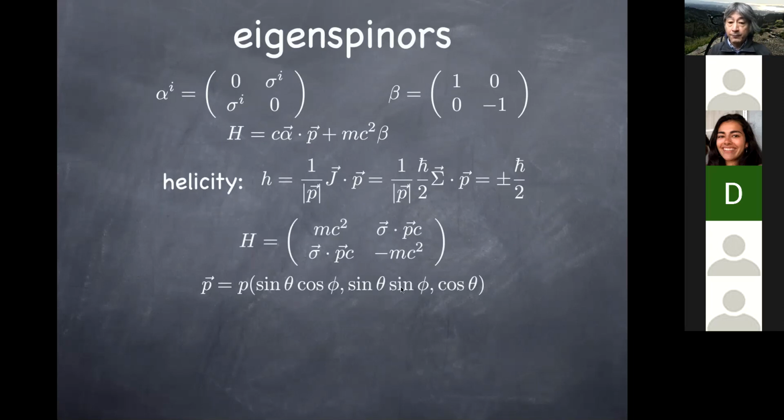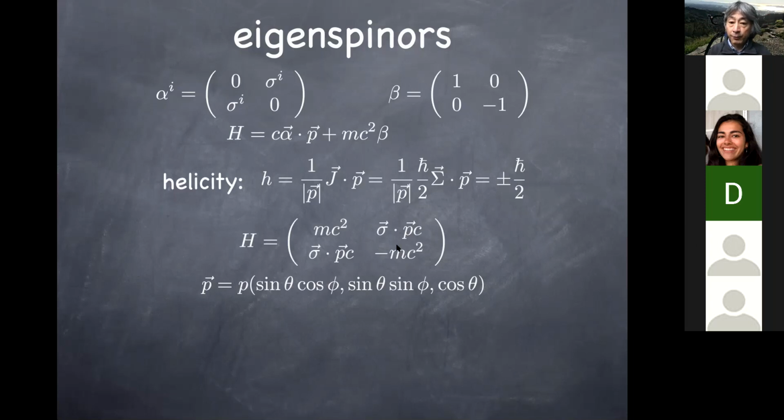And now that we are looking for the helicity eigenstate, that basically corresponds to the eigenstate of sigma dot p. So sigma dot p is spin times momentum, up to a factor of h bar over 2. And sigma dot p is simply a 2 by 2 matrix. So let's solve the simpler problem first, rather than talking about the 4 by 4 matrix right from the beginning.